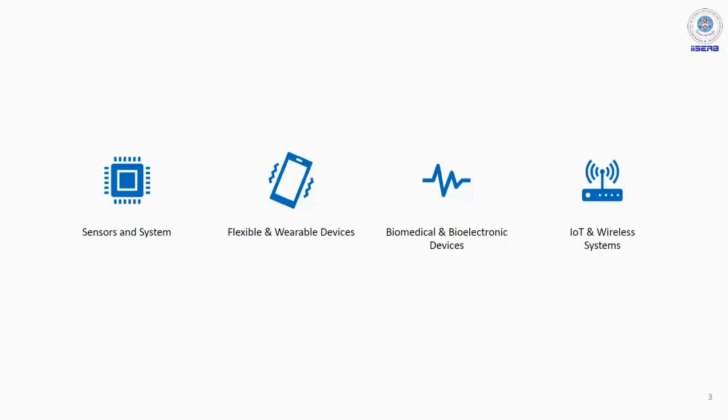With this brief introduction, I'll also give you an introduction of my research group. We work in the field of sensors and systems, flexible and wearable devices for various applications, mostly healthcare, then biomedical and bioelectronic devices, and IoT and wireless systems.